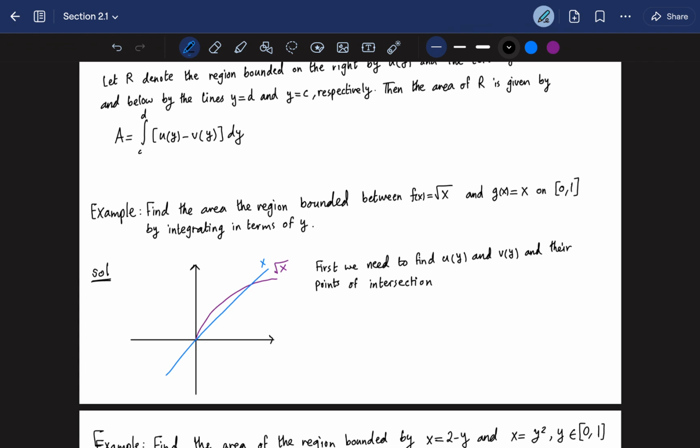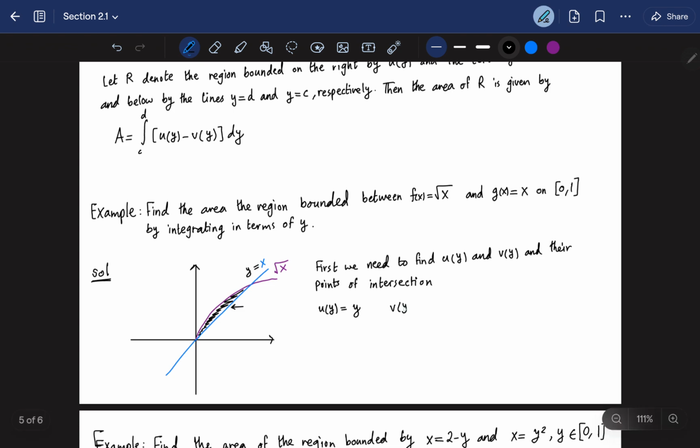So here, u of y should be my right function because this is the region that I want to find the area for. U of y is my right function, so that's just going to be y, because here this is the line y equals x.